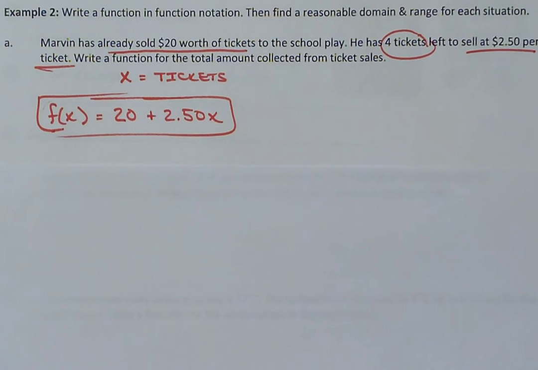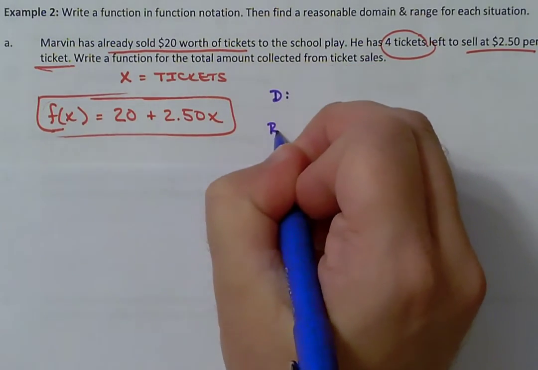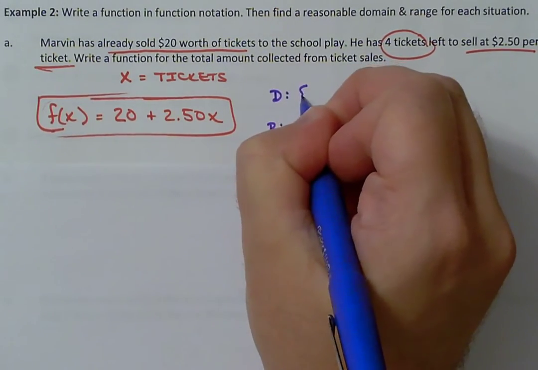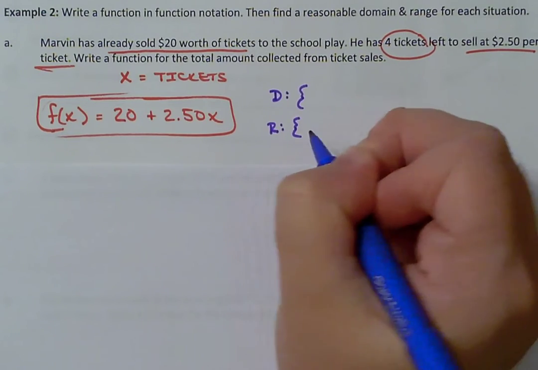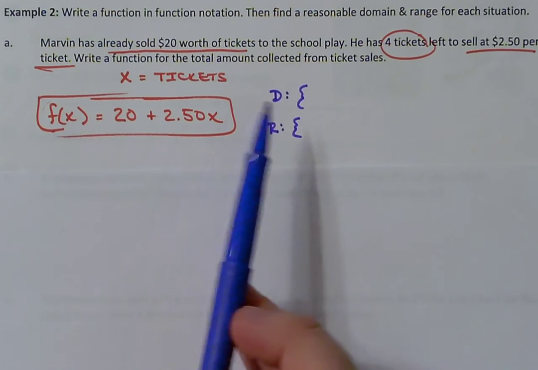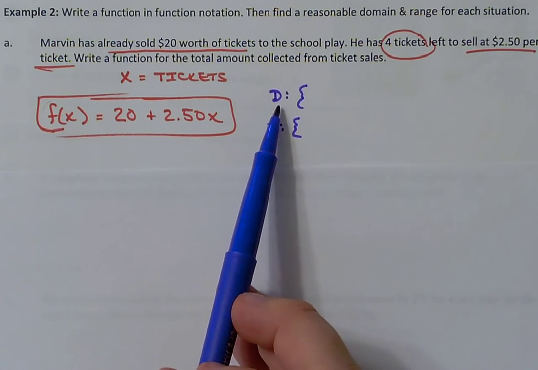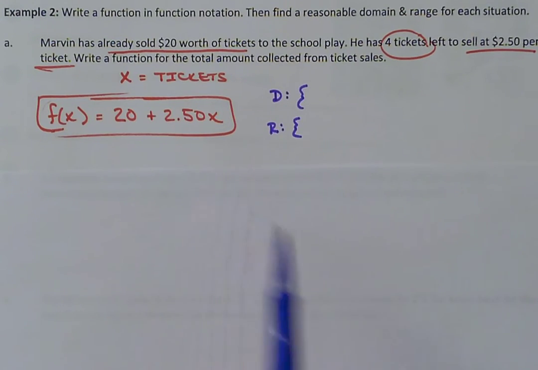Now, this problem asked about a reasonable domain and range. Remember that domain is my x values and range is my y values. Anytime we talk about the range, that's my f of x, and domain being my x, or whatever variable I choose, is what I'm plugging in.